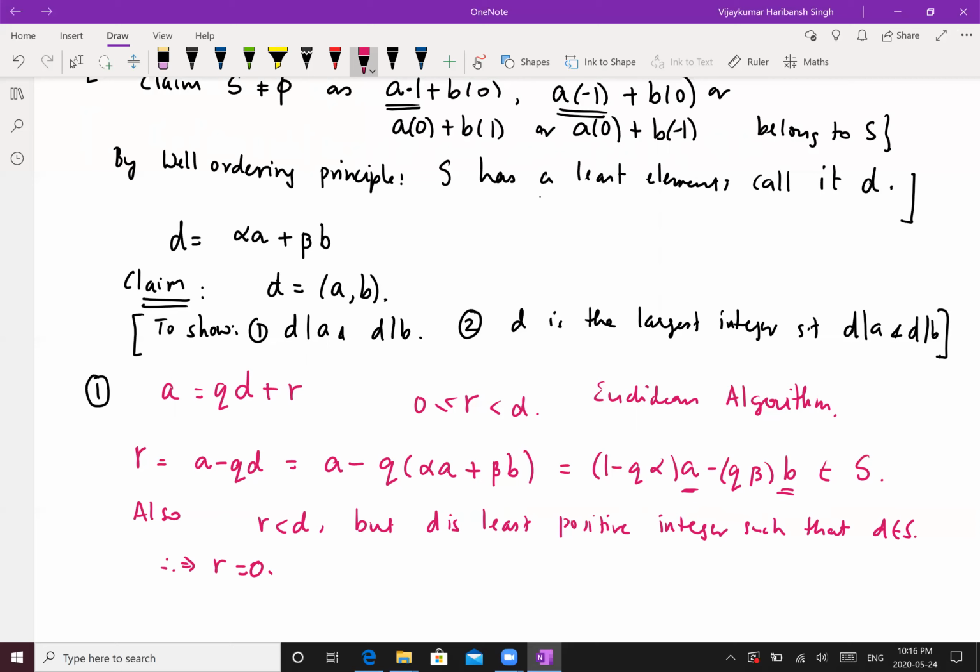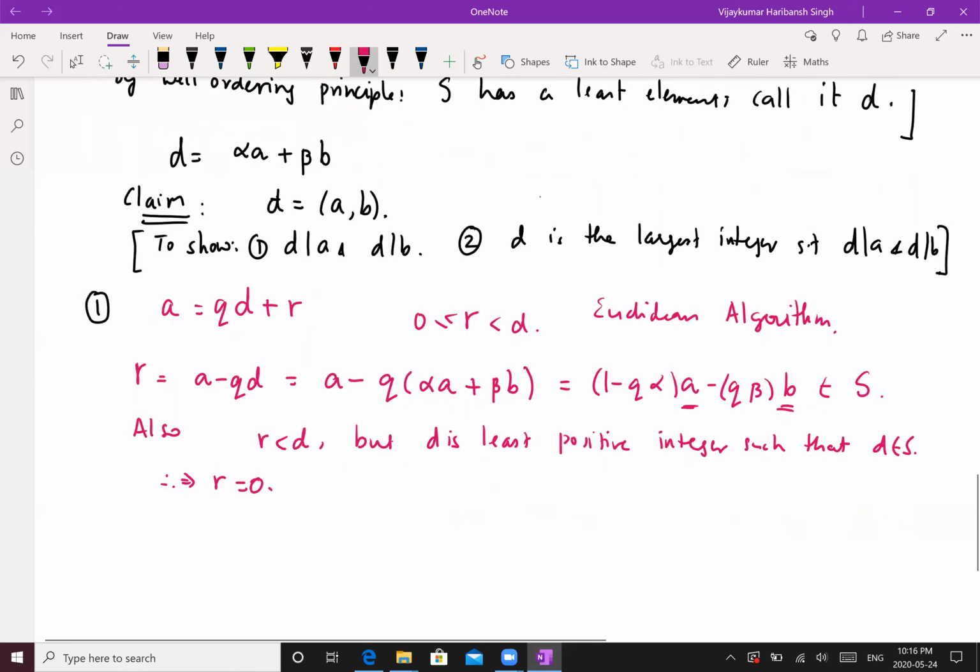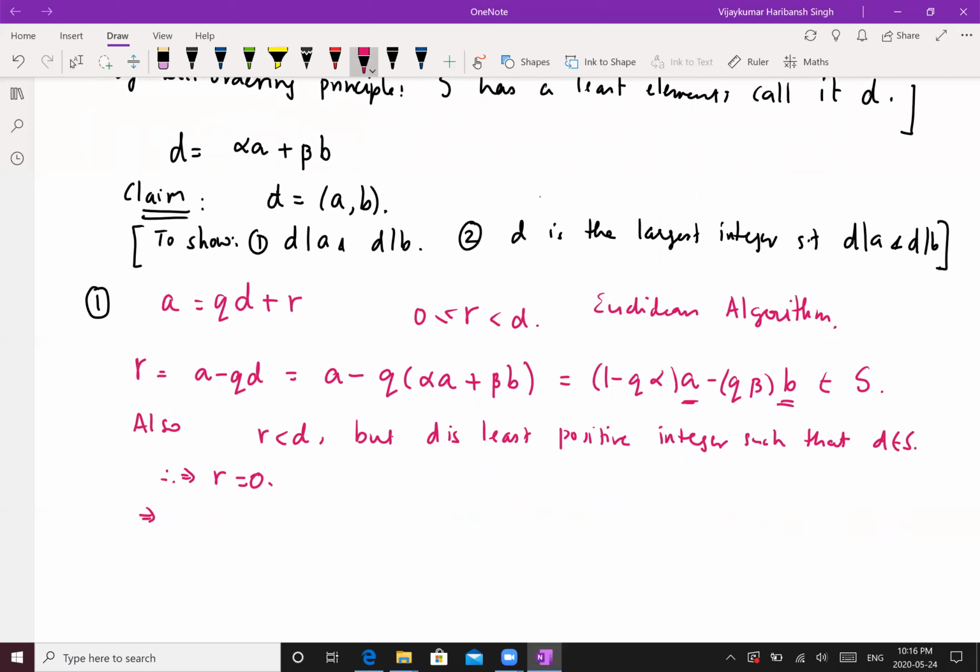Because if r is non-zero, it will belong to S and it's less than d, which will give you a contradiction. So therefore, r is 0. So this would imply d divides a. Yeah. A similar argument can show that d divides b.